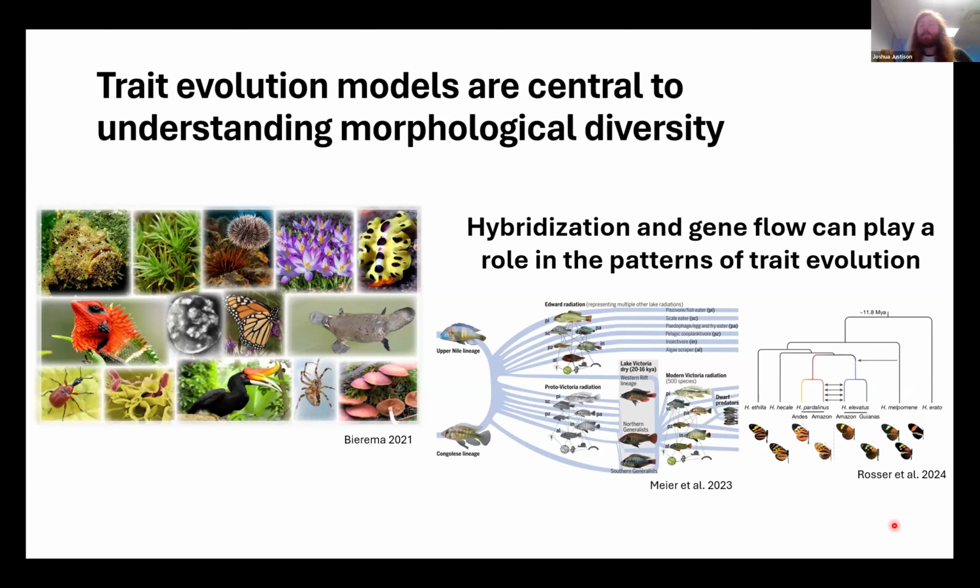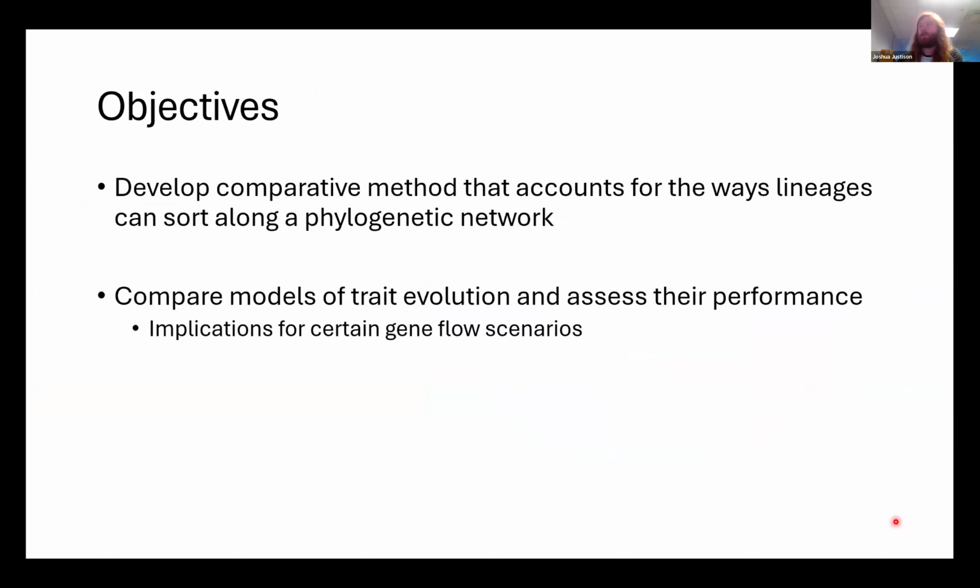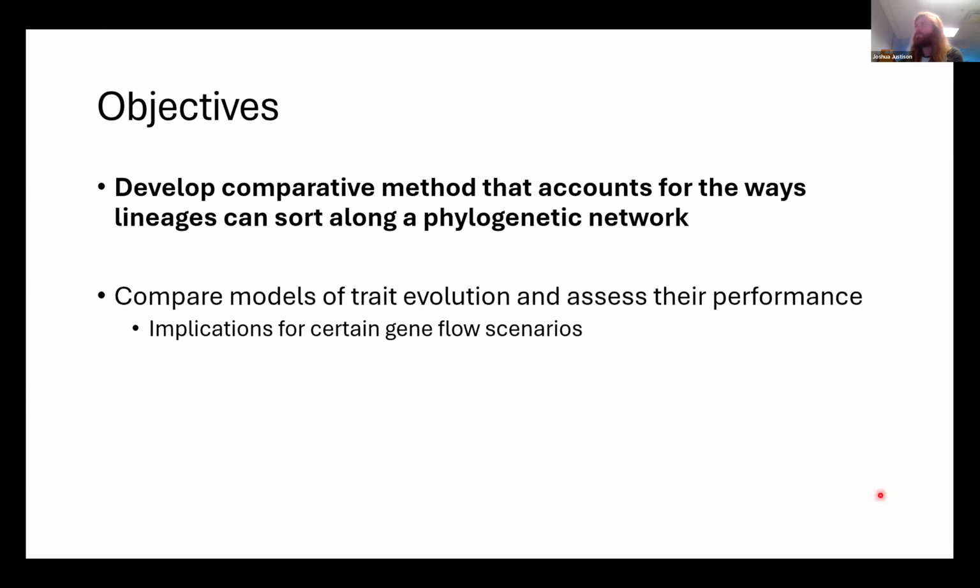Recently, there's been a slew of methods that try to account for the mosaic of gene tree histories that might control trait evolution, whether that's due to gene flow or things like incomplete lineage sorting. That's primarily what I want to talk with you all about today: our contributions to this space, and also comparing and contrasting various models of trait evolution.